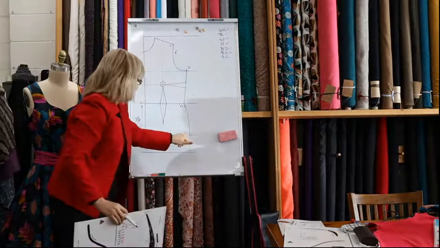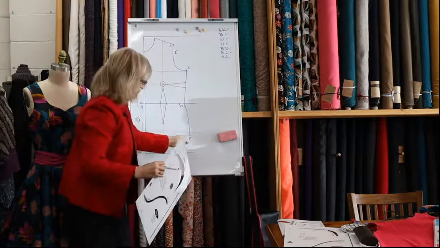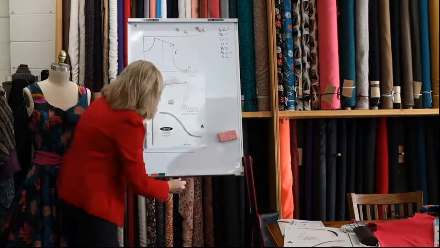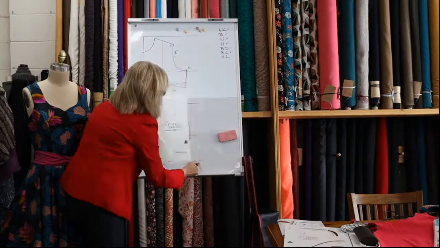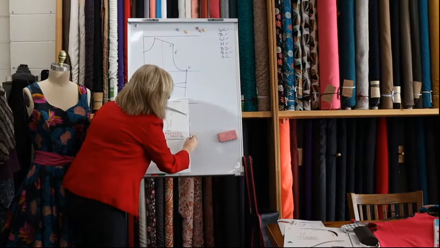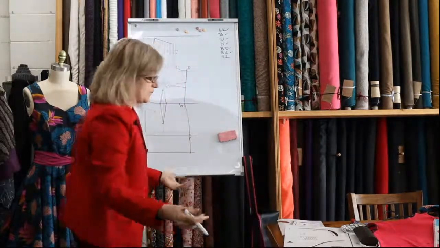So that measurement that's there will be the same. So therefore, if that was my hip measurement, I'm just going to use the hip measurement that's on the ruler. There, and then join the two together. So that'll be the skirt length or the top length.